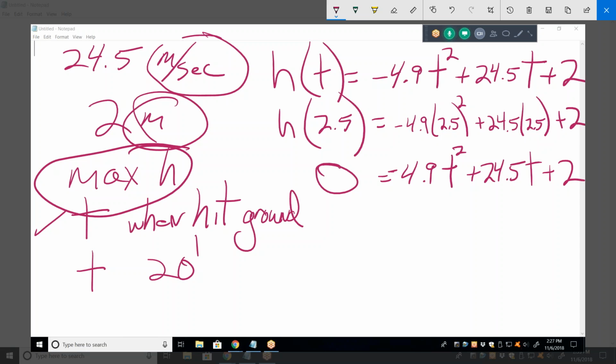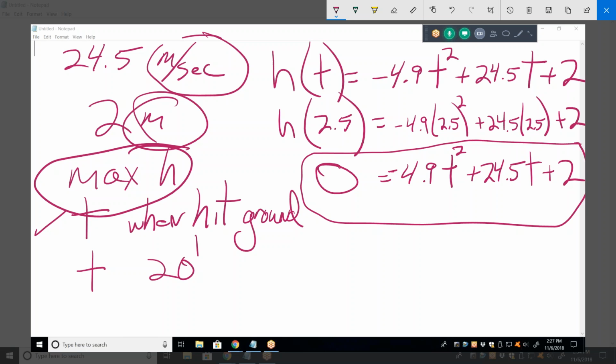All right, so in terms of when it hits the ground, got to solve that quadratic. Now, that's not the easiest quadratic to solve that I can see. I would probably have to plug that into the quadratic formula.